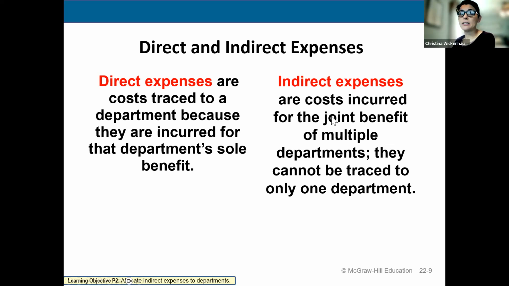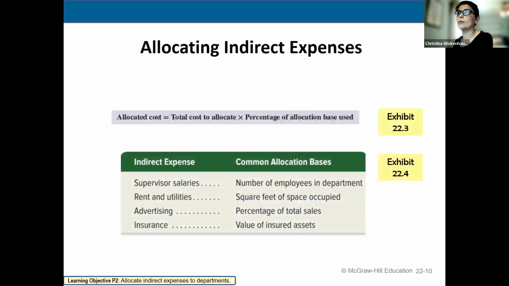So like IT department, they're servicing all the departments in the hospital. So how are we going to allocate that cost to them? And you're going to see a lot of concepts in here that are very similar to our activity-based costing chapter. So that's why it's kind of a review. And here it comes. They're saying, hey, it makes sense to allocate supervisor salaries based on number of employees to the department.